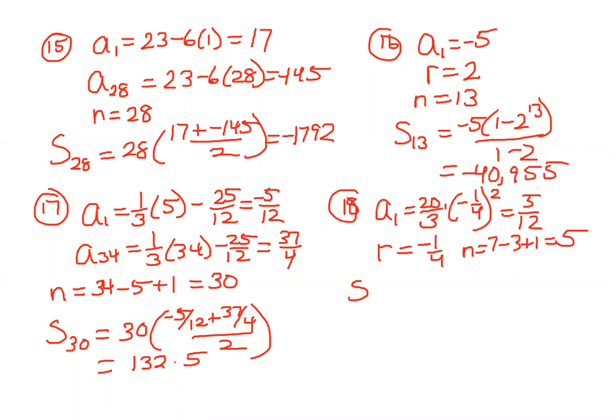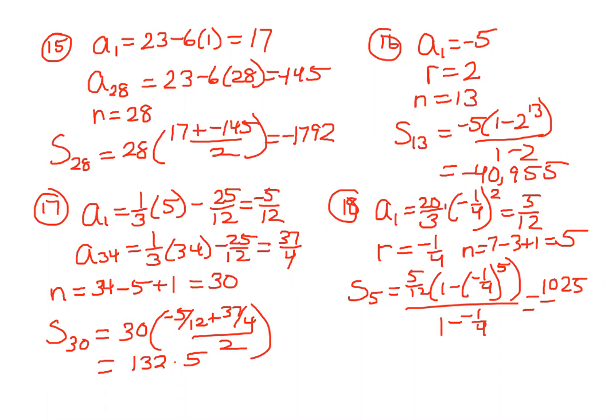So we have S5 is 5/12 times 1 minus negative 1/4 to the 5th over 1 minus negative 1/4. And this should equal 1025 over 3072. Whew, that was quite a problem.